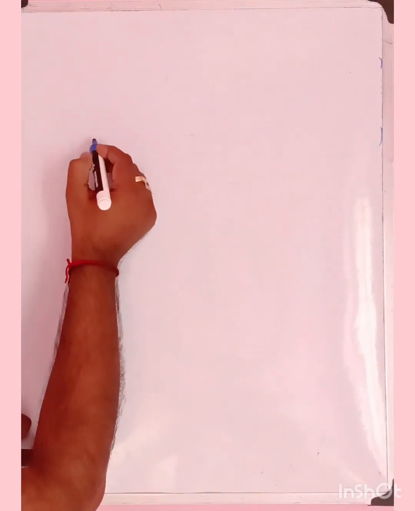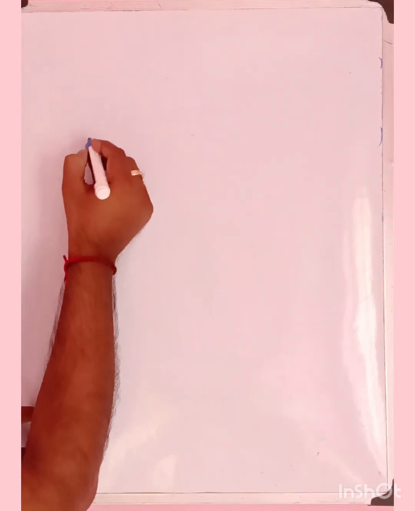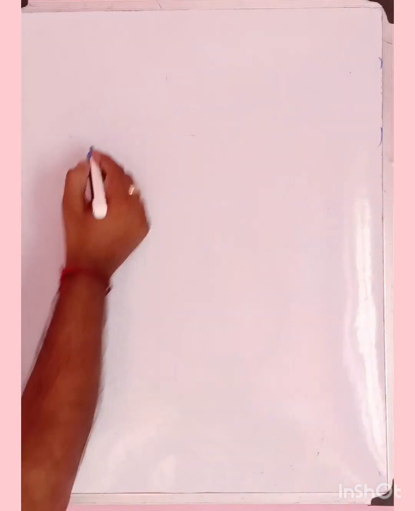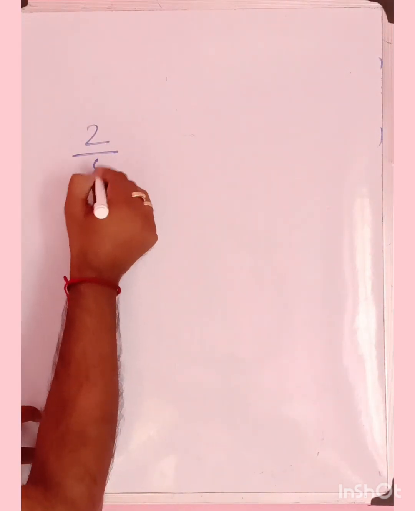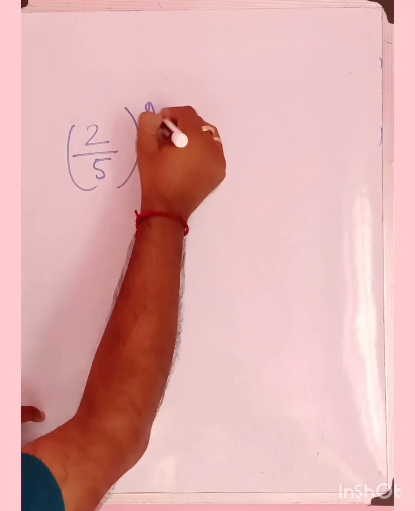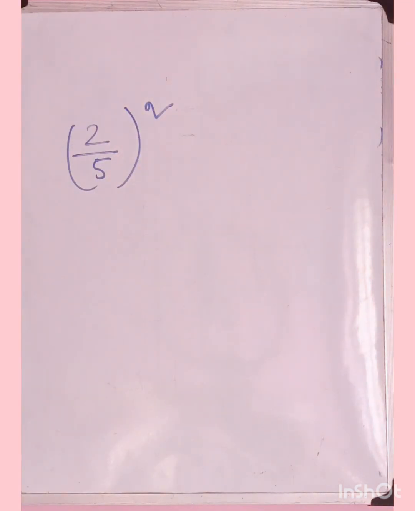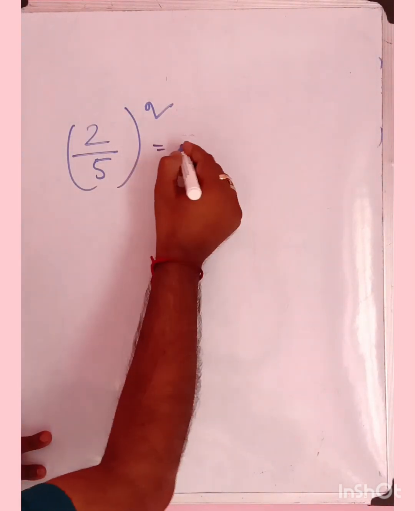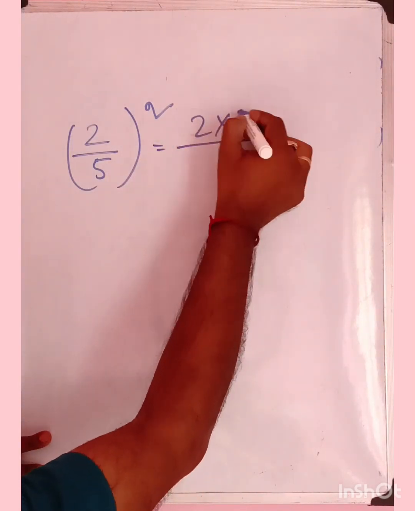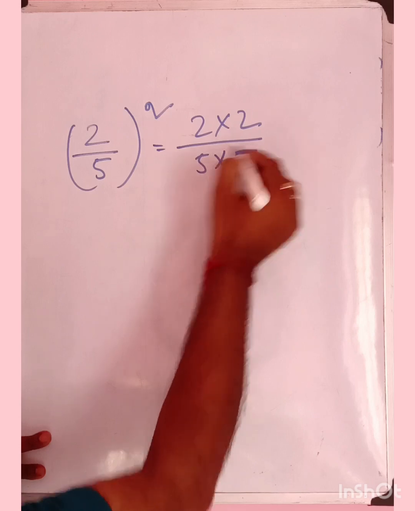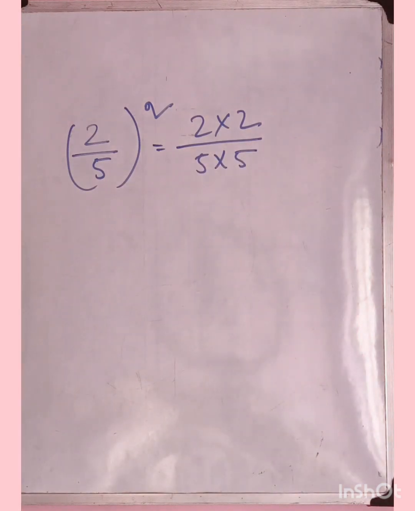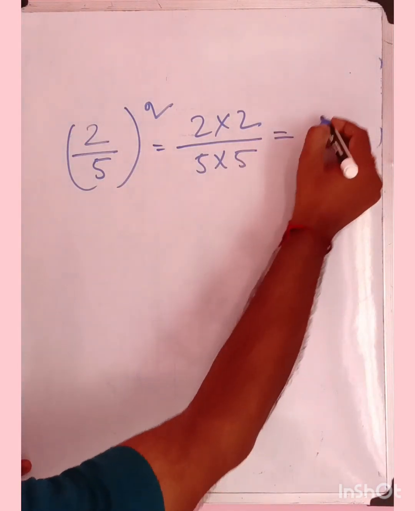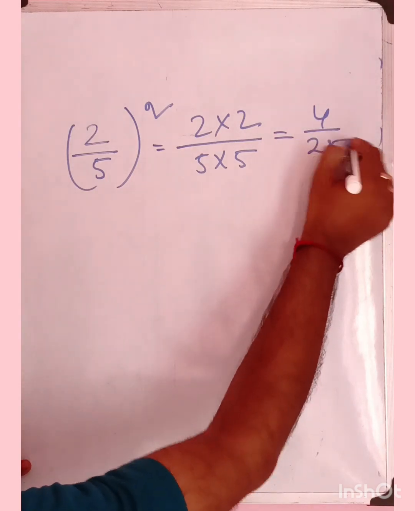Okay, this can also be applied for fractions. Suppose like this, 2 by 5 whole square. Two into 2 by 5 into 5. So the answer is 4 by 25.